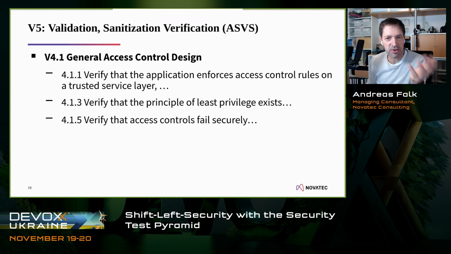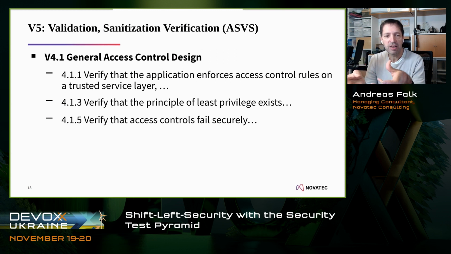Also here you have some part of the Application Security Verification Standard that deals with access control design. So typically you should enforce access control rules on a trusted service layer. For example, the client side is not a trusted service layer, so it's a really bad idea to put access control on your single page application. Always do that on the server side.